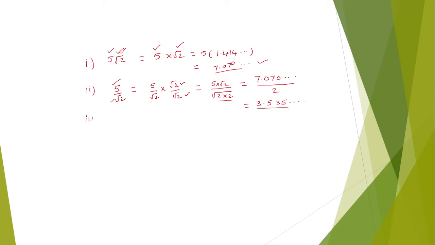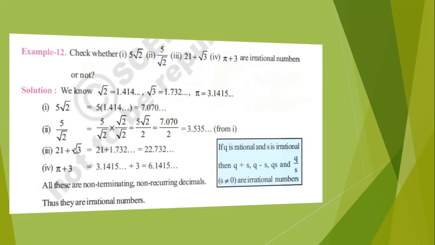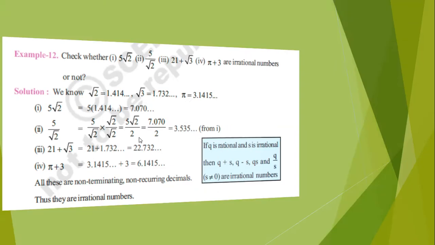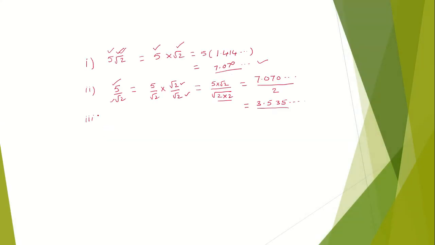Again, we move to the third example. What is the third example? You look there. 21 plus root 3. What do you say about 21? 21 is a rational, plus root 3 is an irrational. That means a rational plus an irrational. What is the value of root 3?